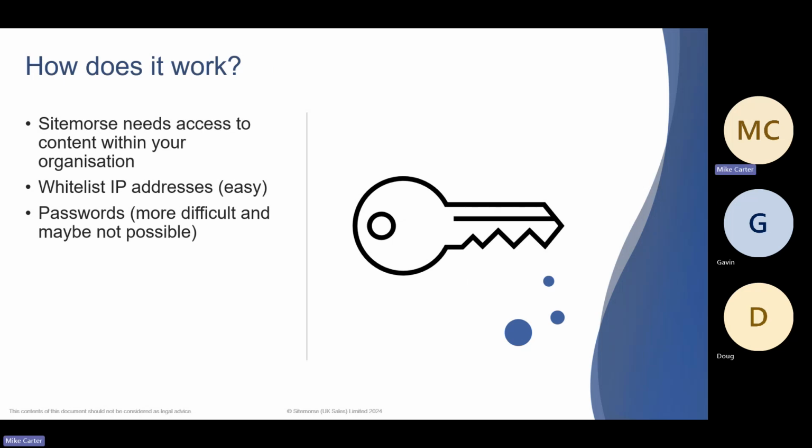So how do we do that? How does it work? Well, when it works very well. There are various different ways that you can do this, ranging from something that's quite simple right through to possibly even things that just won't work. So the easiest way to do this, and probably the most popular amongst the Sitemorse clients who do get us to assess the quality of their intranet, is to just whitelist our IP addresses.